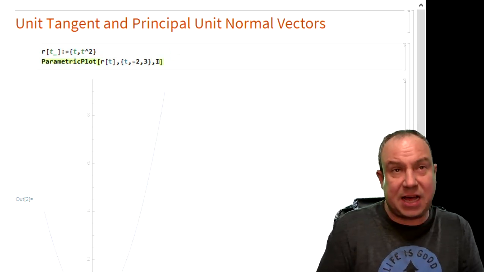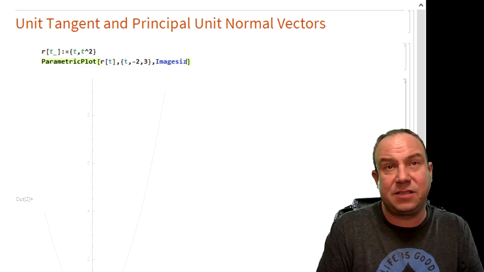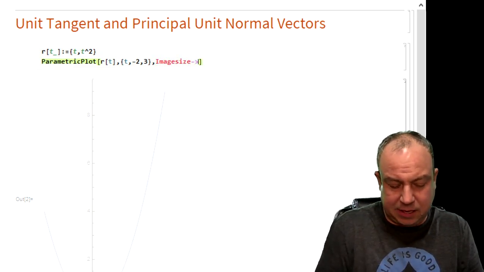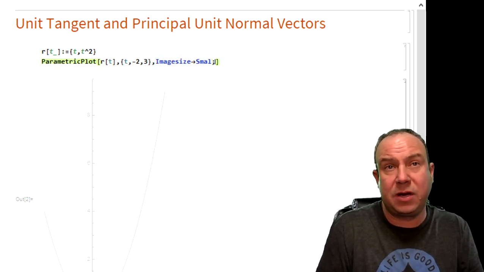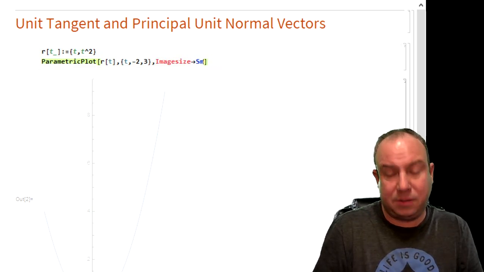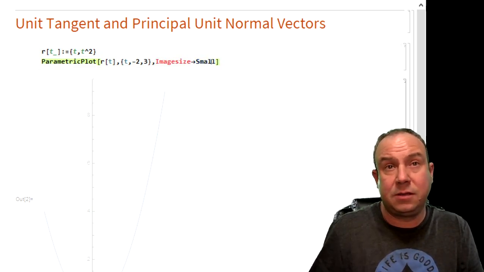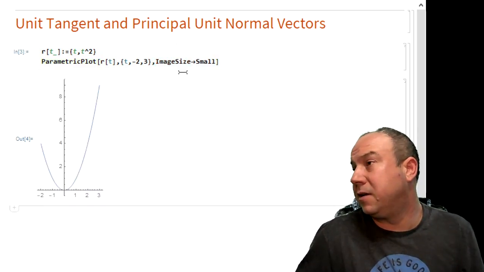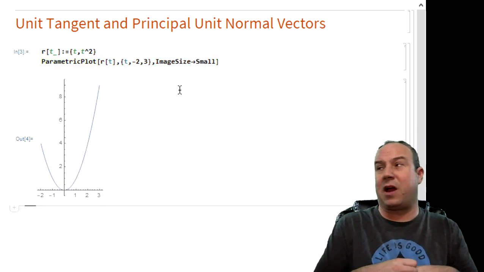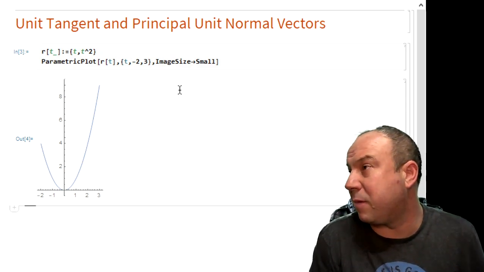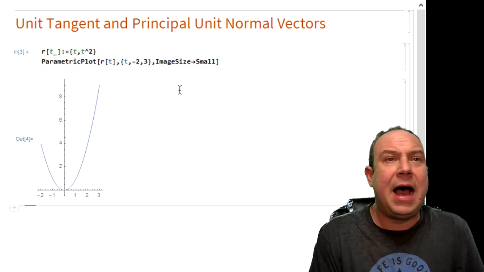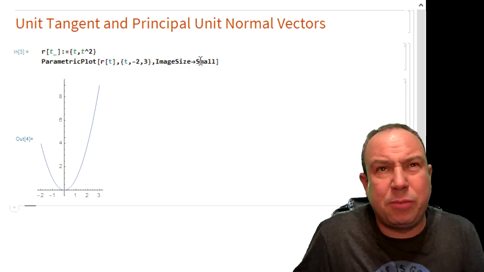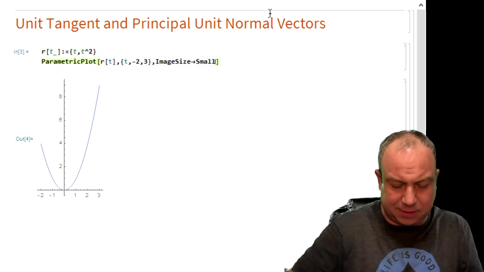Let me actually resize. Let's do ImageSize just so this is always fitting in here kind of nice. Do we really want to go small? I've got to spell ImageSize correctly. All right, so that does fit into our picture rather nicely here in Mathematica. We may want to put some labels on our axes here.